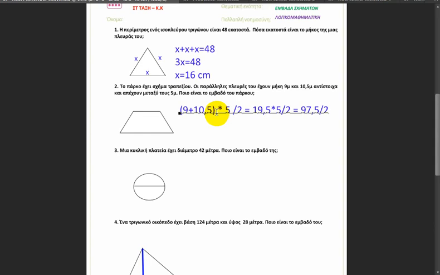And we need to divide this by 2 still. So this here gave me 97.5. When I did this multiplication, it gave me 97.5. And now we need to do 97.5 divided by 2.